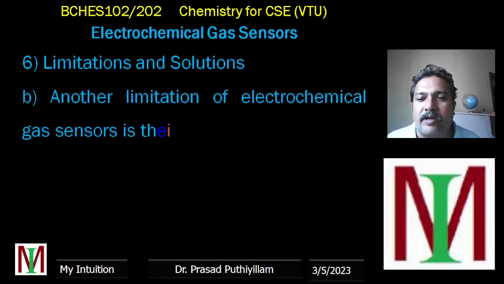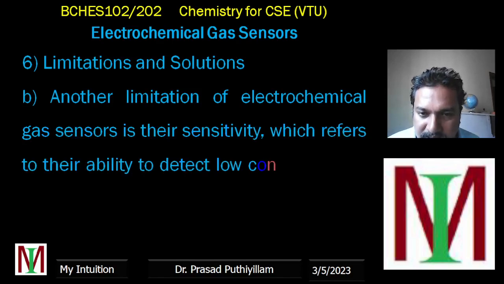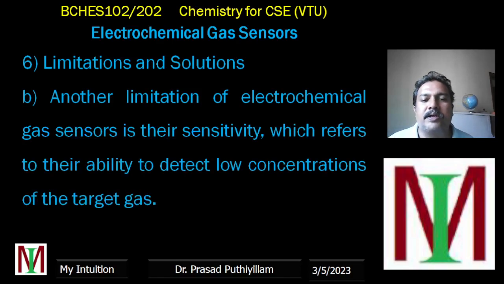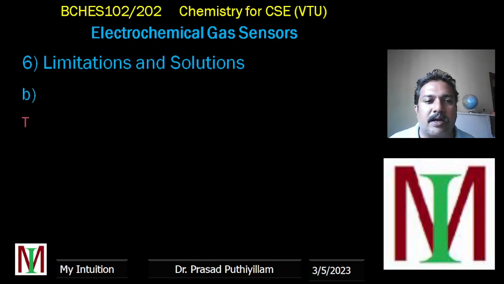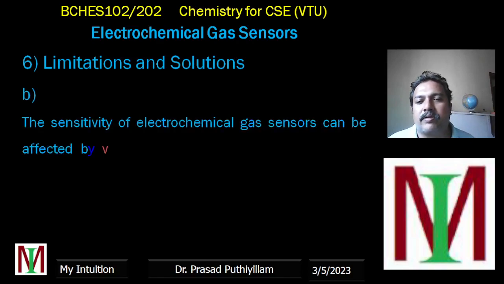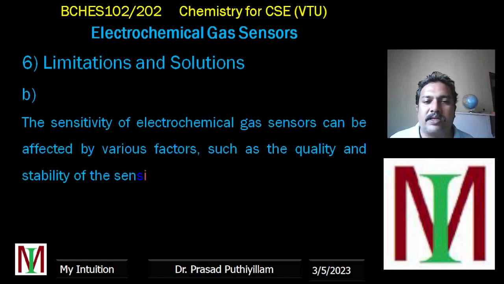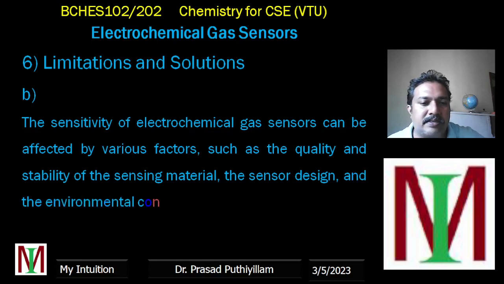Another limitation of electrochemical gas sensors is their sensitivity, which refers to their ability to detect low concentrations of the target gas. Okay, how low a concentration our gas sensors can detect has some limitations also. The sensitivity can be affected by various factors such as the quality and stability of the sensing material, the sensor design, and the environmental conditions.